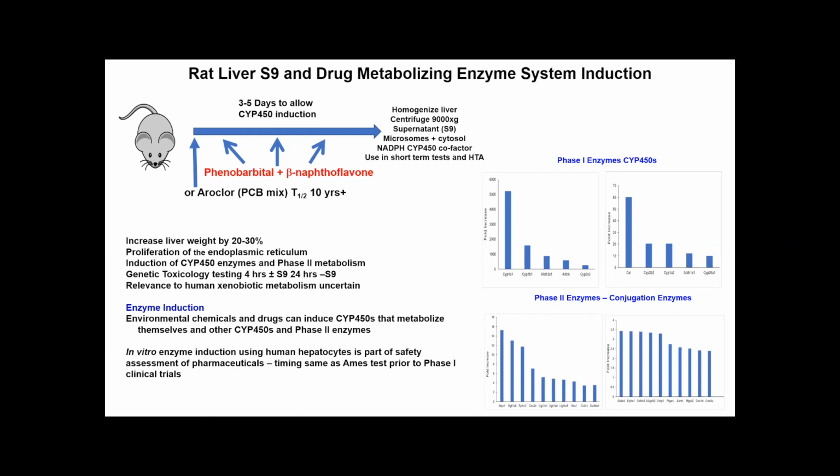You have massive induction of cytochrome P450s. This is also being used in short-term tests and high-throughput assays as well, and I think it's going to be a problem, particularly when we start using those data for quantitative benchmark dose, because it's a highly misleading way of drug metabolism. Humans don't metabolize like this.